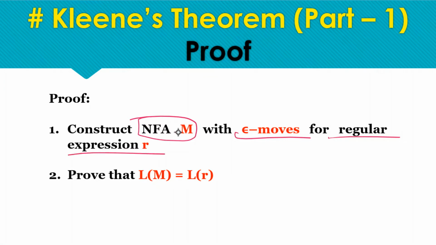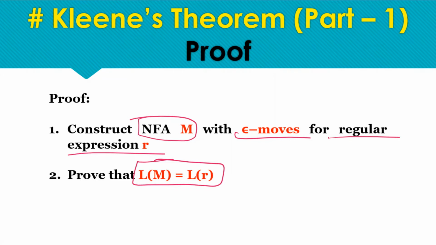Next we have to prove that the language of the machine is equal to the language of the given regular expression. So this is our Kleene's theorem part 1.